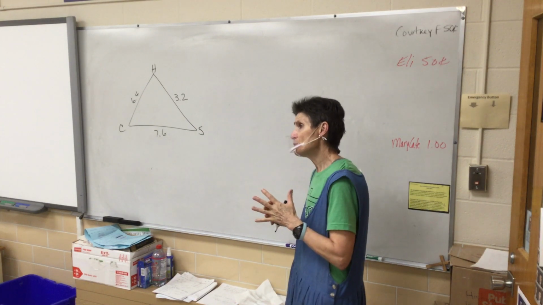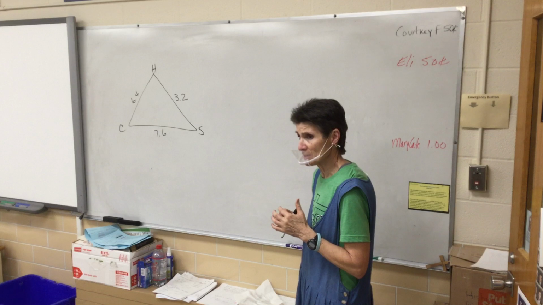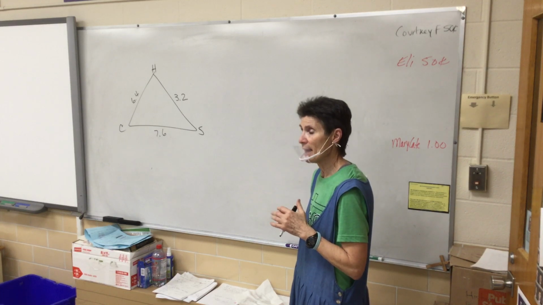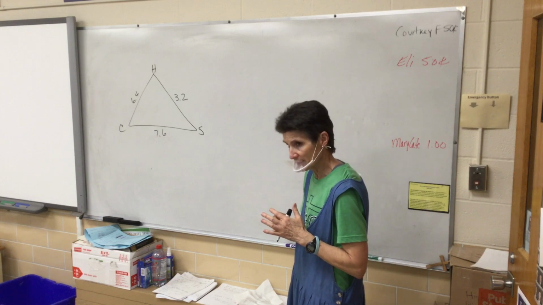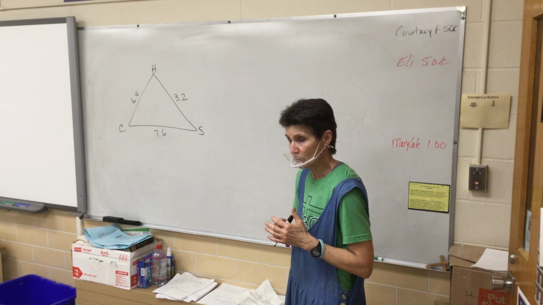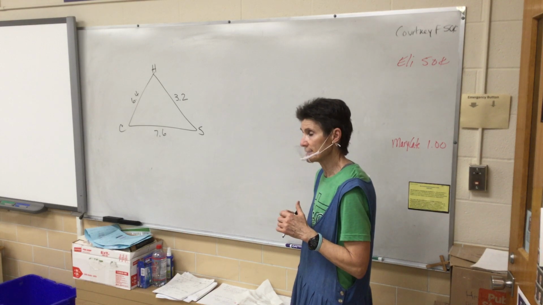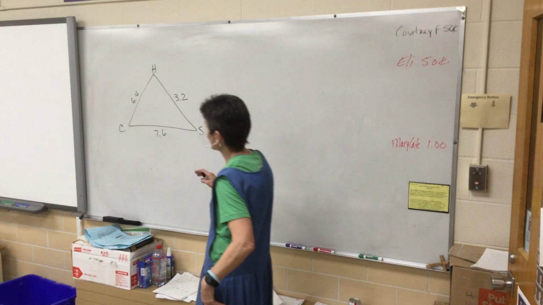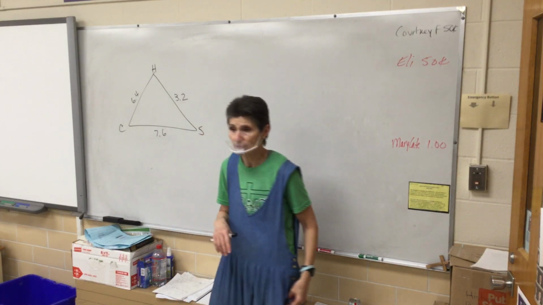Now, when you have no angles at all, most of the time it isn't going to matter, but occasionally there's a little bit of room for some ambiguity, unfortunately. It doesn't seem like there should be, but there is. So when you have all three sides, you know you're going to use the law of cosines.